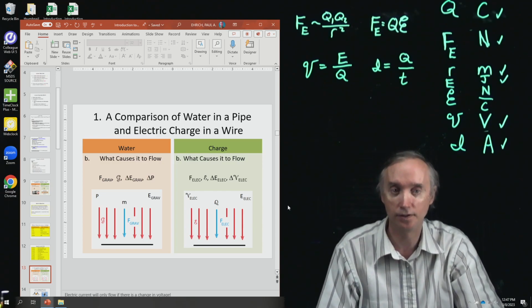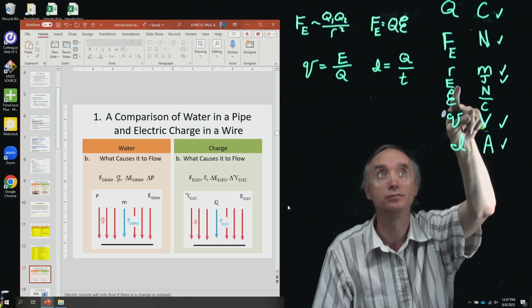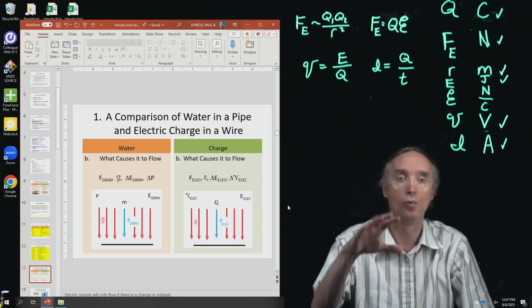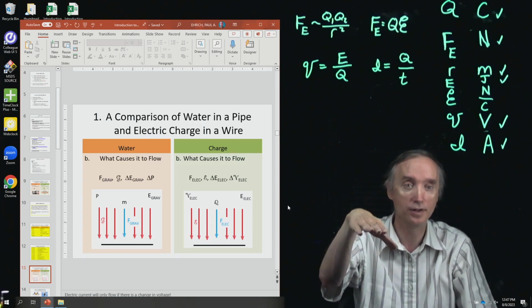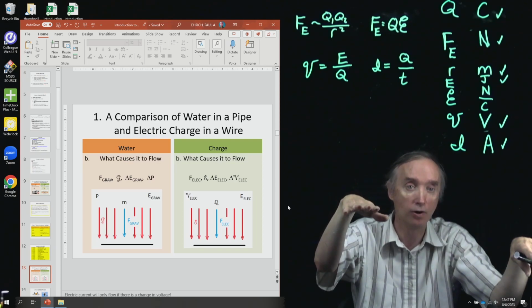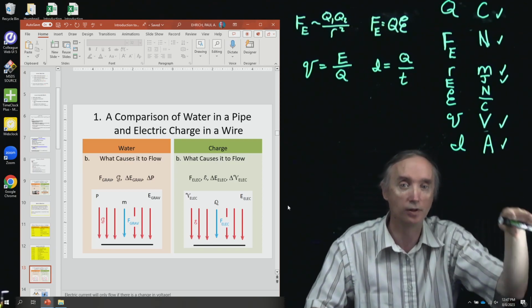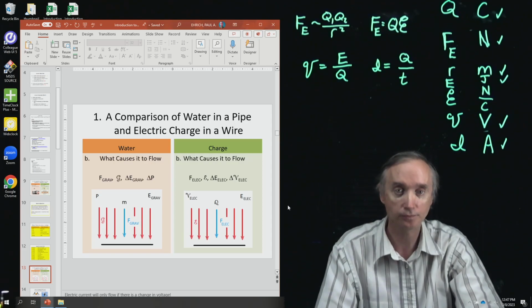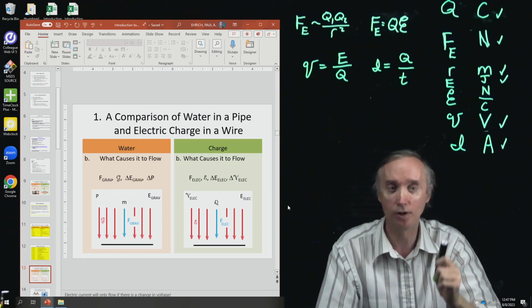Another reason is electrical energy. So energy, E: one end of the wire is at higher energy than the other end, and then the electricity will flow downhill towards the lower energies. But the one that I want you to know is voltage.